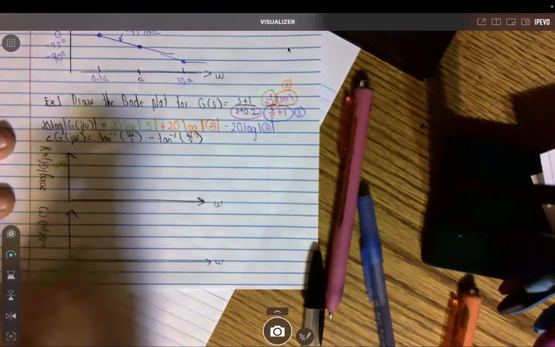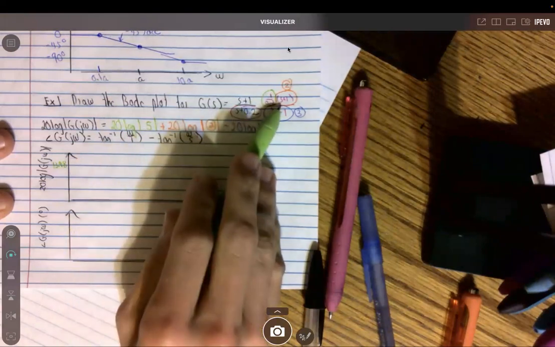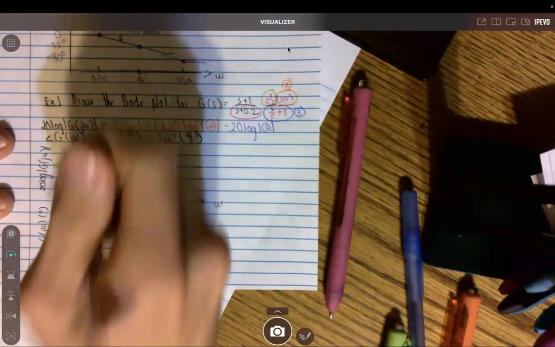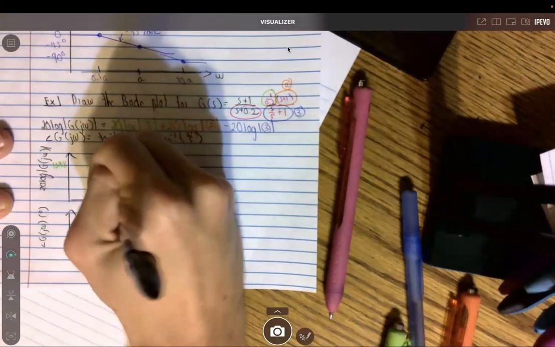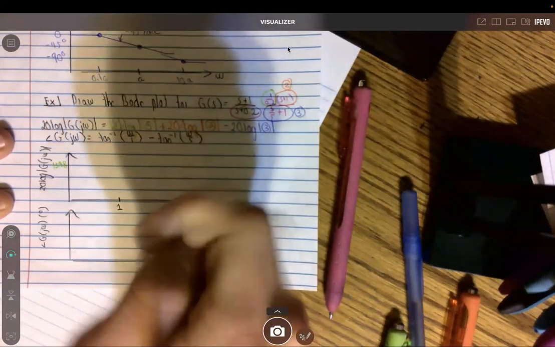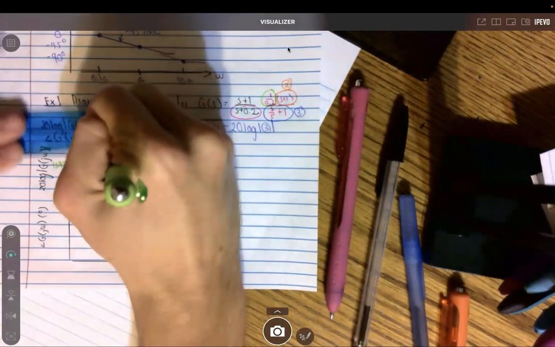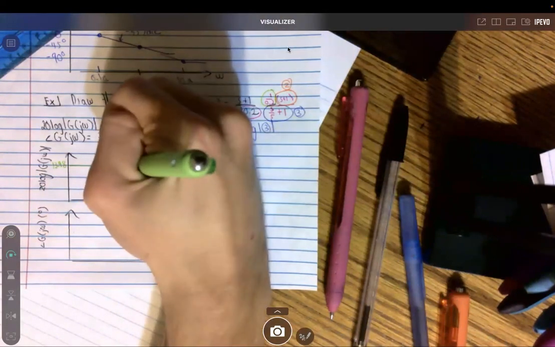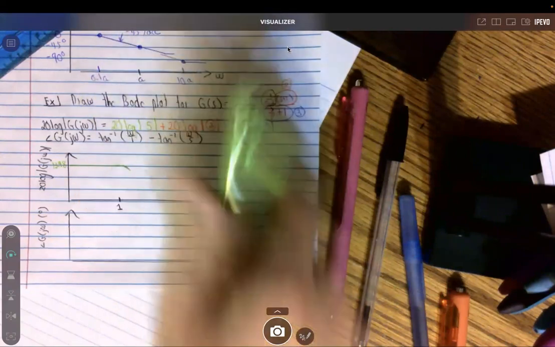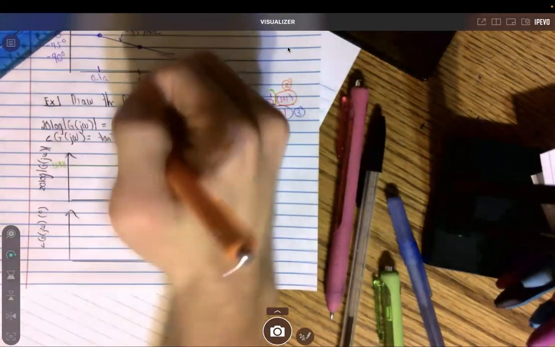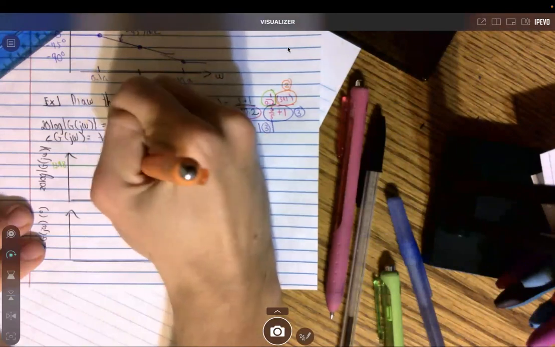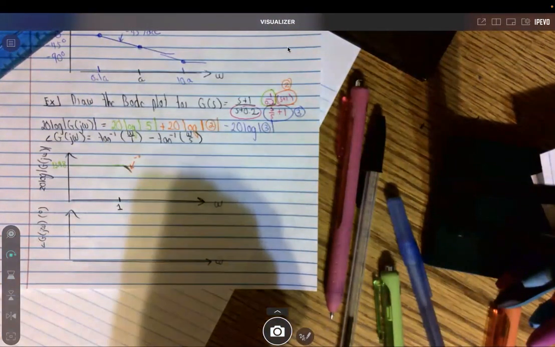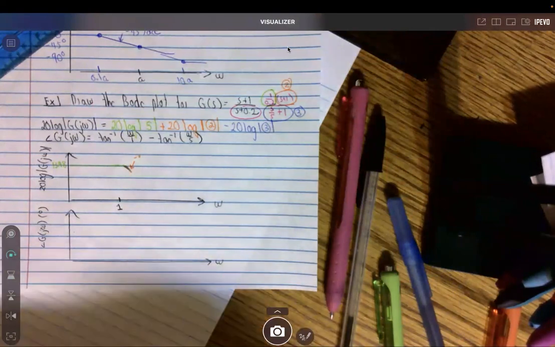And so until omega equals 1, that's where the first corner frequency is at. So it's going to stay at this value until omega equals 1. And then it's going to start to decline, with negative 20 dB per decade because, wait, sorry. It actually increments because that's a 0. It's not a pole.